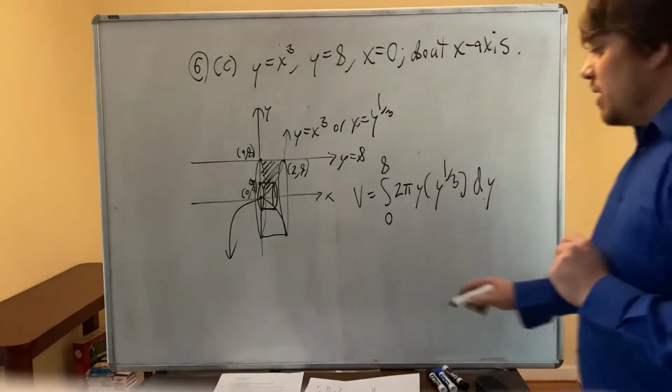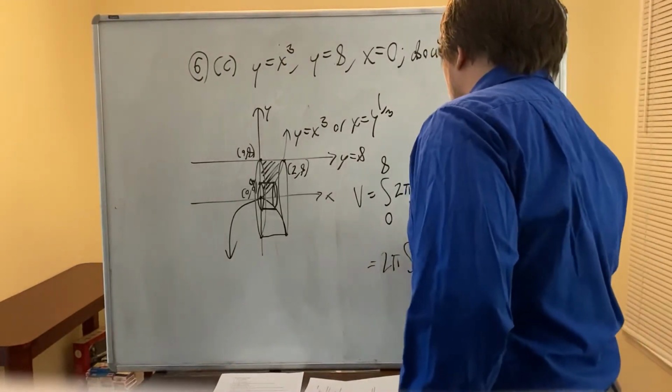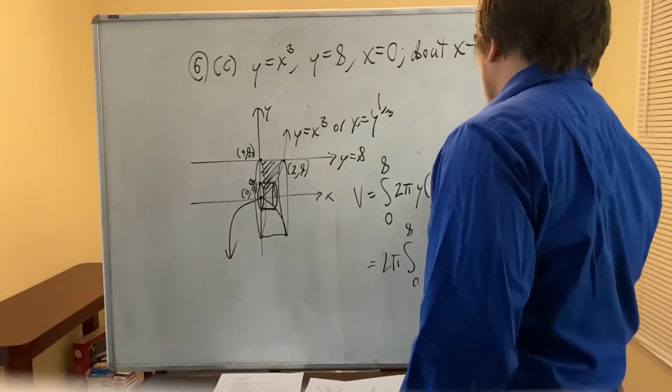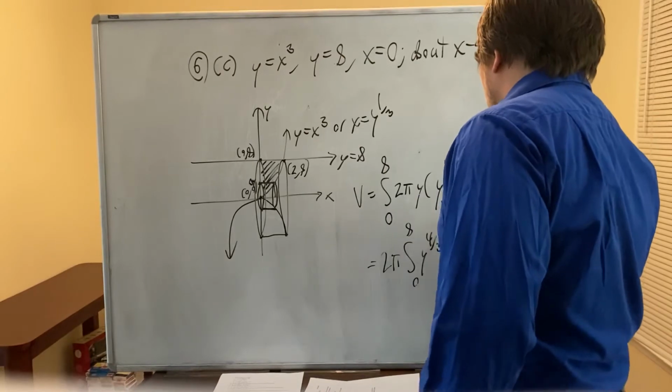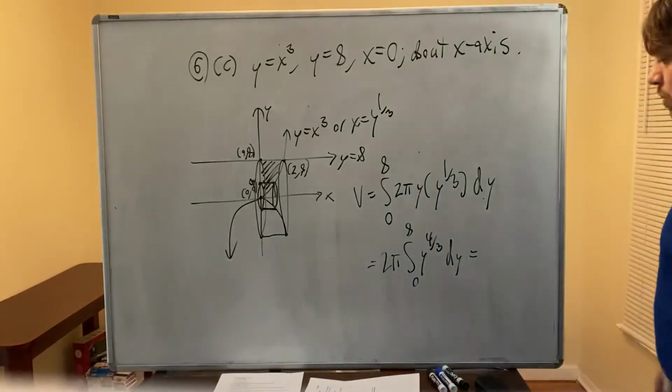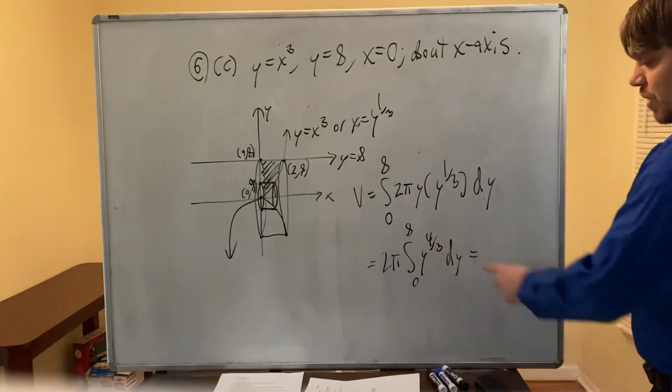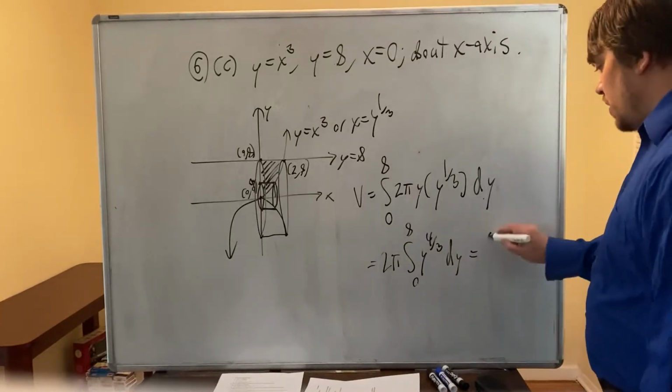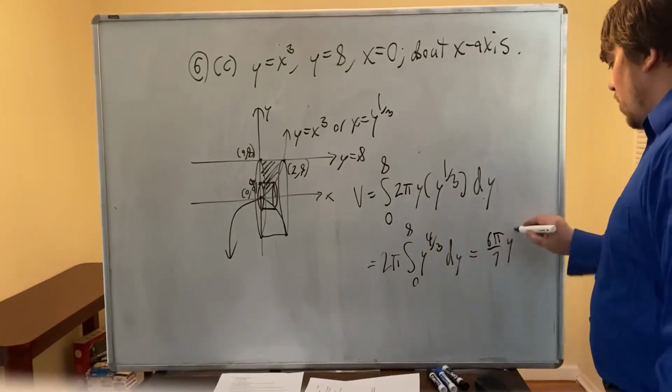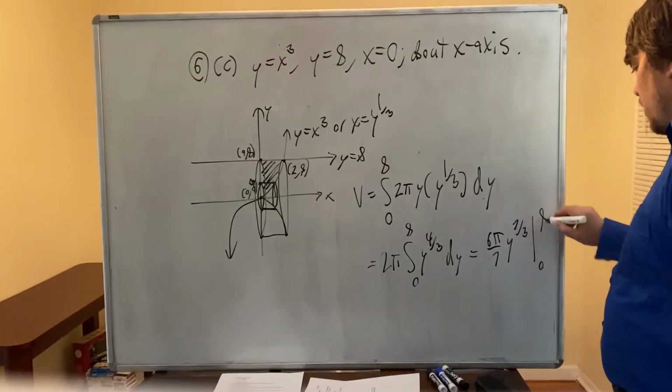This is equal to 2 pi times the integral from 0 to 8 of y times y to the 1/3, which is y to the 4/3 dy. And that's equal to, you add 1 to the exponent, you get 7/3, so you get 3/7. So you get 6/7 pi y to the 7/3, evaluated from 0 to 8.